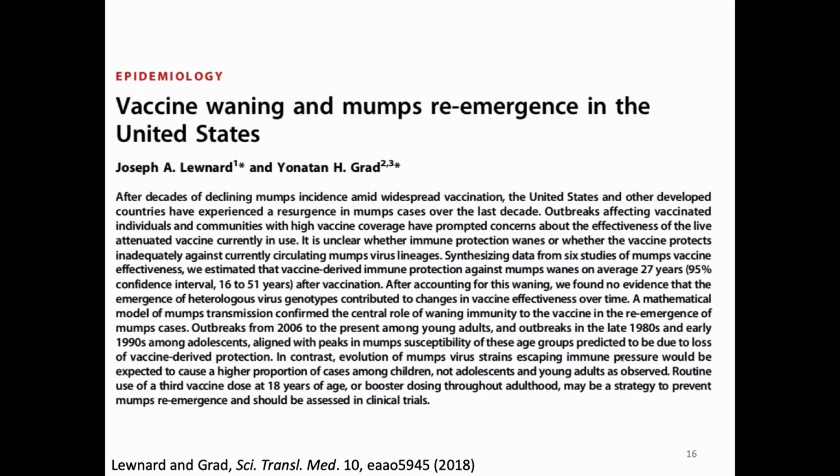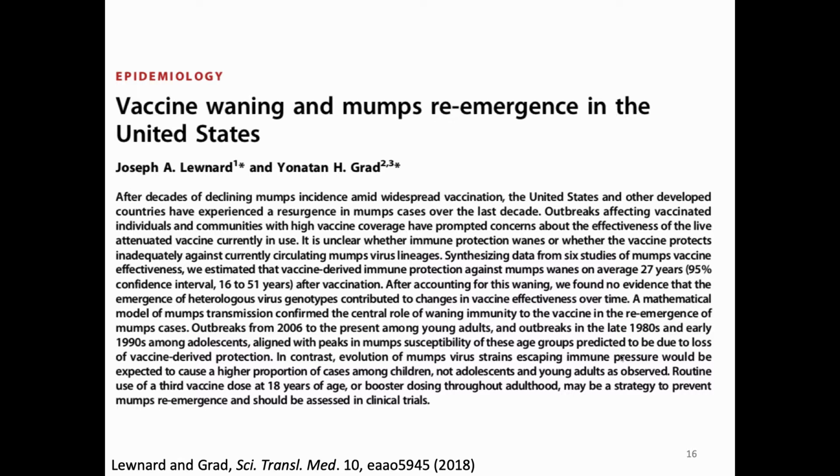So let's talk a little bit about mumps, first of all. Mumps is caused by a virus. It's called the mumps virus. Very creatively named. Mumps leads to some pretty severe symptoms. It is a virus that leads to something called an acute infection.